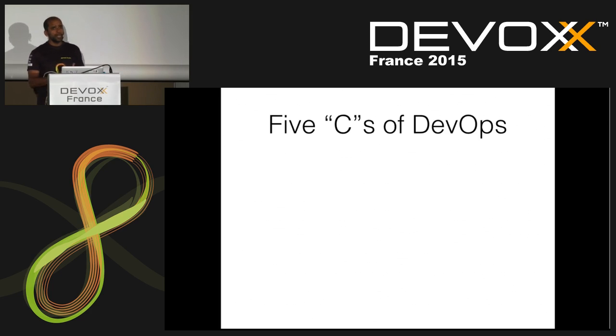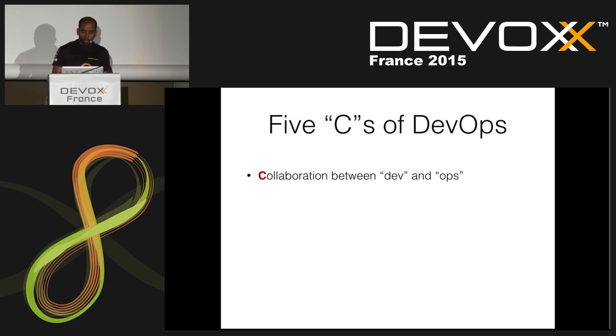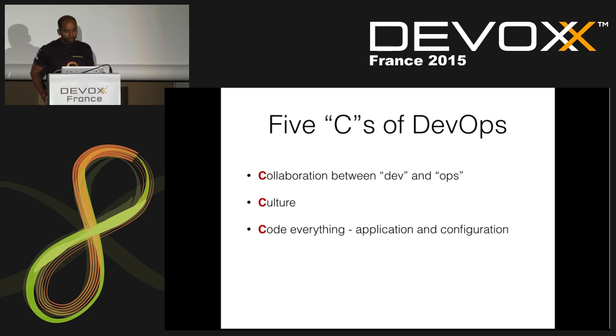So how do I classify DevOps? Well, I call them the 5 C's of DevOps. The first one being collaboration, which is, again, a very, very important part of it. Collaboration between developers and operations. Culture. Culture is the most fundamental and the most blocking factor for implementing DevOps in your organization. We'll talk about that. Code everything.